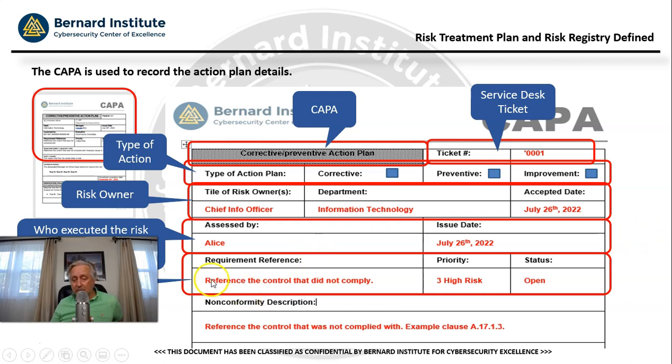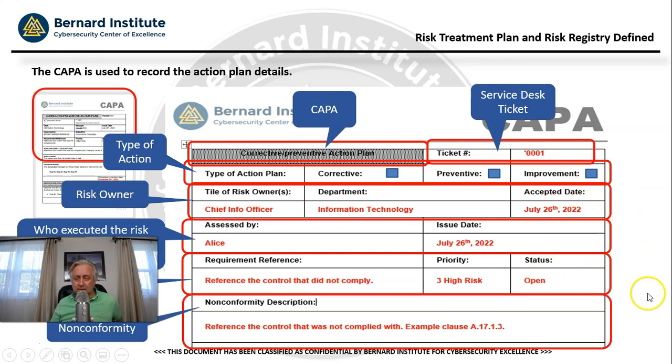What are the requirements? So we referenced the control that did not comply. So we looked at a specific control and it wasn't working properly. It's a bit of a high risk because it's involved in handling maybe customer information. And the status is open because it's been approved. Or maybe it hasn't. Maybe it's just been written and it's open and not approved.